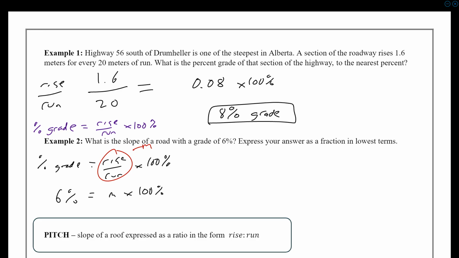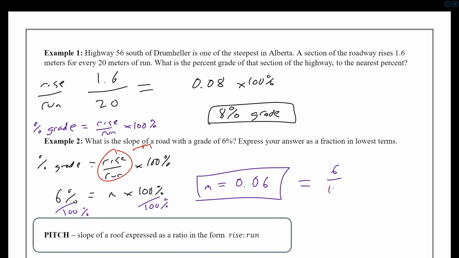So to find the slope, we divide by 100%, and we find that m equals 0.06. Or I know some of you love your fractions, that's fine. Same thing would be saying 6 out of 100. These are all ways of expressing slope. The big thing today is just recognizing that we can also express slope as a percent grade.